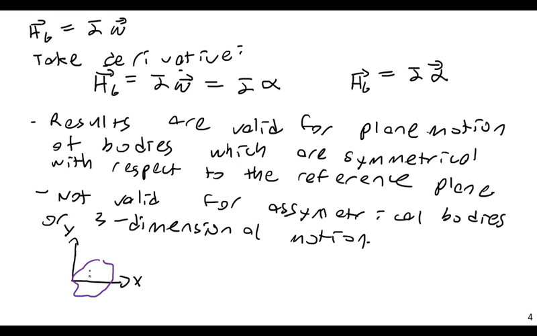In other words, if you had a cube whose center passed through the xy plane, that would be symmetric about the xy plane. Or imagine a cylinder whose center is on the xy plane. Or just an arbitrary shape, as long as it was prismatic about the xy plane, anything like that. And the motion also has to be two-dimensional. In other words, you can't have a two-dimensional object moving in three dimensions. I suppose you can, but this equation will not be valid for that.